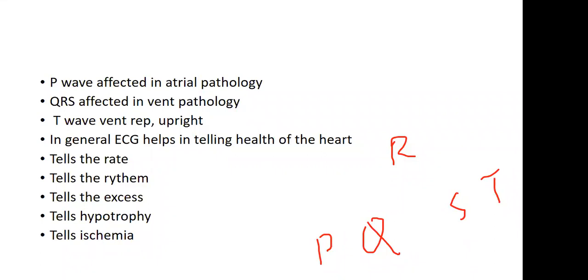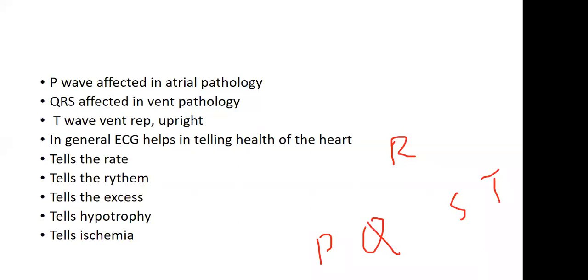So ECG tells us the rate. Next is the rhythm, whether the heart contracts rhythmically or there is arrhythmia. Arrhythmia means some of the contractions occurring early, some late. So the rhythm is disturbed.